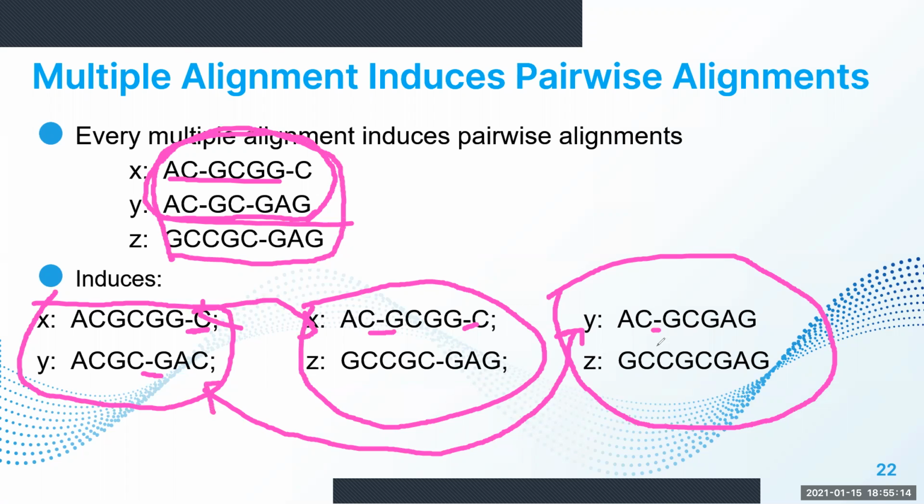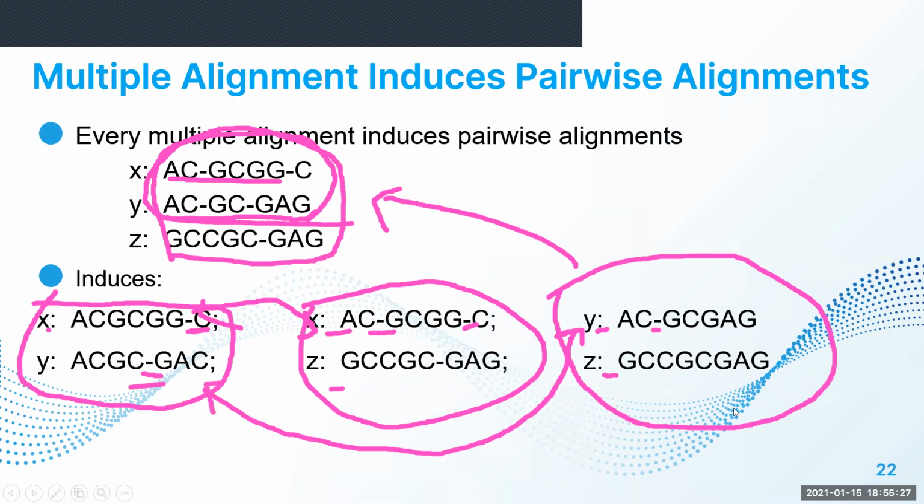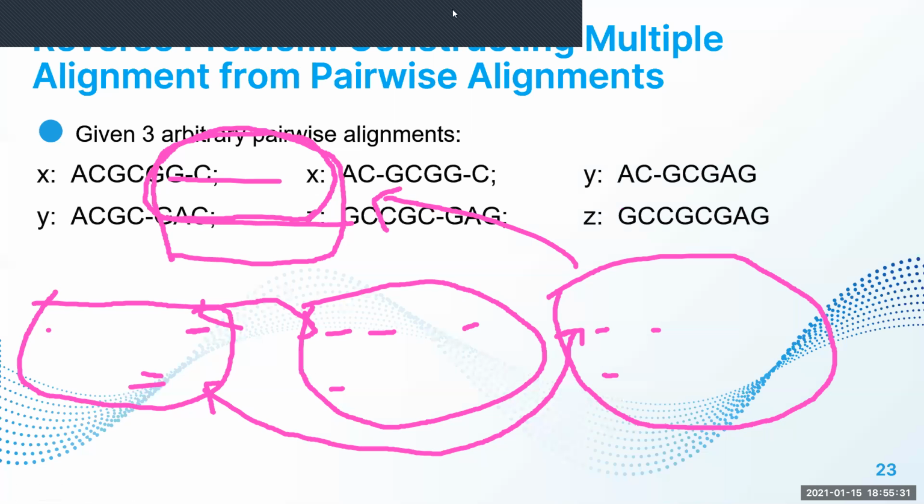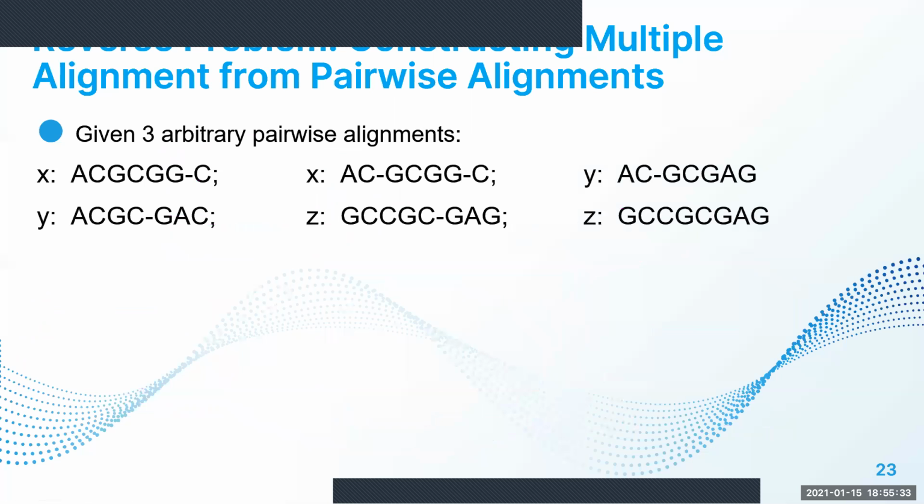So our goal is to use the same alignment for all these X's and Y's, and then get the multiple sequence alignment. Can we get the multiple sequence alignment all the time?